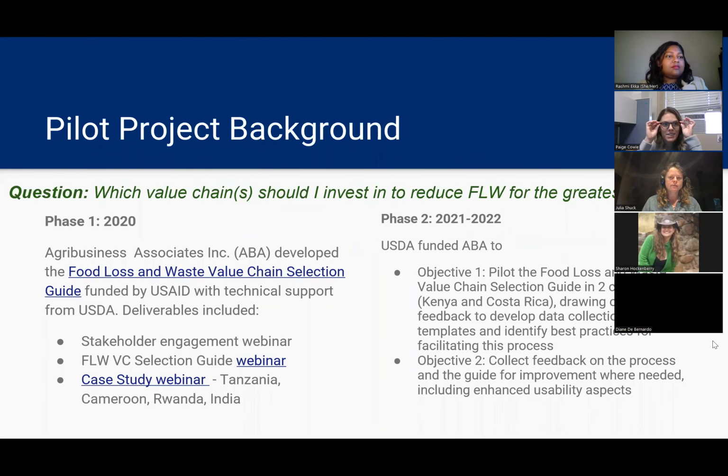There are many obvious benefits to reducing food loss and waste, of course, including increased efficiency of food production and use of production inputs, improved nutrition, and perhaps most importantly, reduced greenhouse gas emissions from wasted food that's left to rot in landfills or elsewhere. As we are all well aware, agricultural production is a leading contributor of global greenhouse gas emissions.